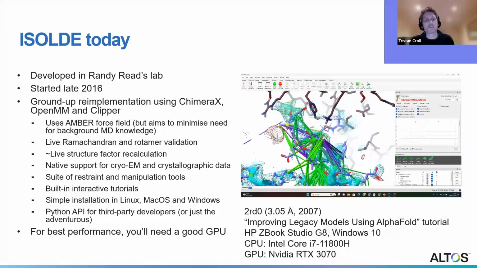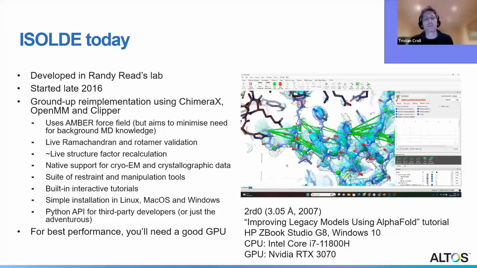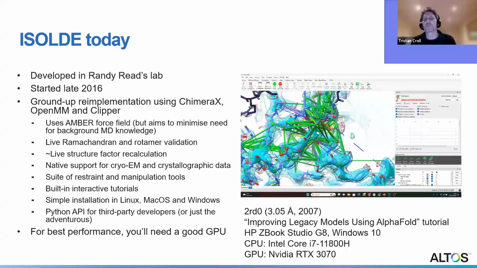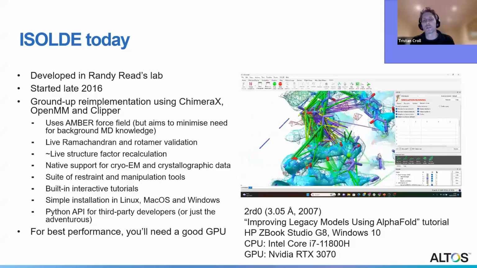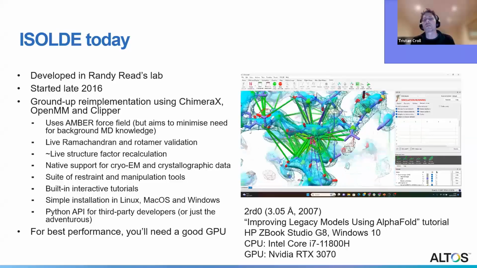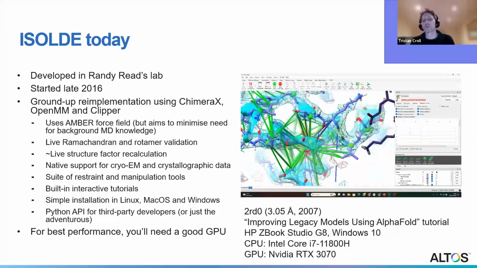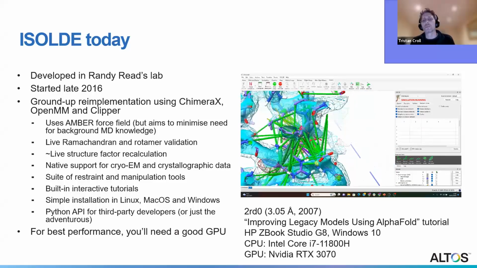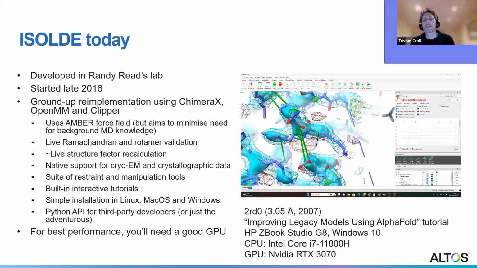A few features that ISOLDE has. So there's the live Ramachandran and Brodmann validation, of course. Every time the coordinates of any atoms in your model change, all the protein backbone and side chains are revalidated. I thought about threading that originally.